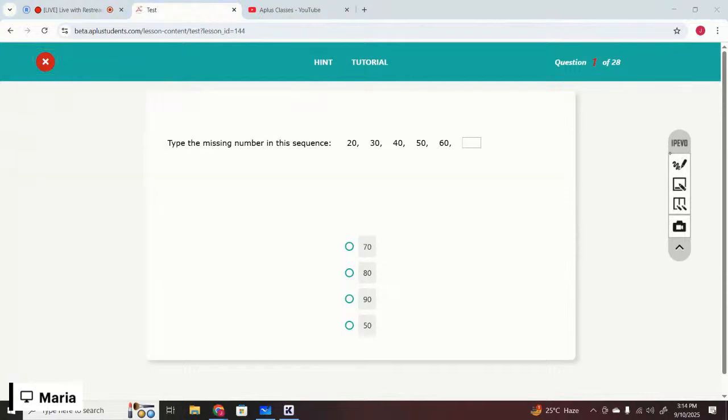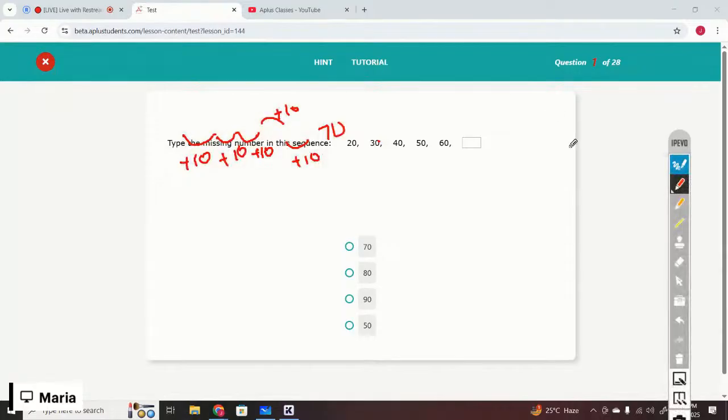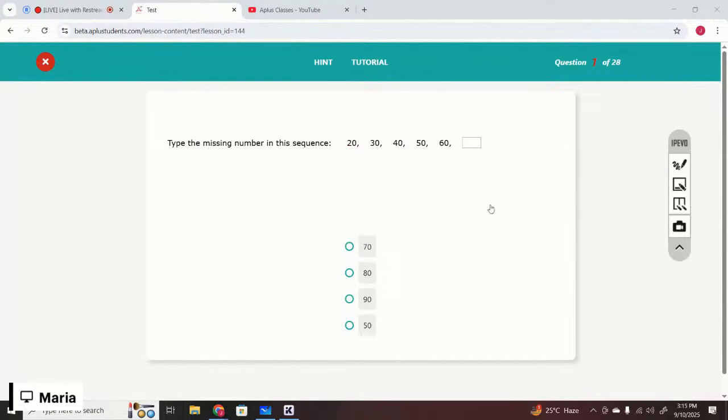That's the one we just did in the tutorial, isn't it? So 20, 30, 40, 50, 60. So the next one in the sequence is 70. Option number 1 is the correct option.